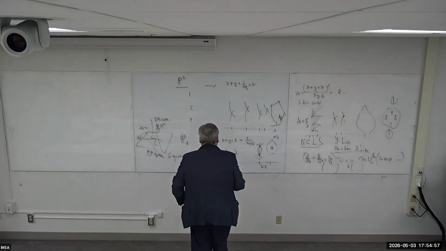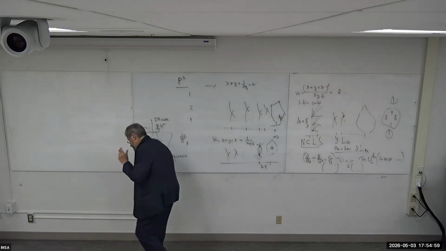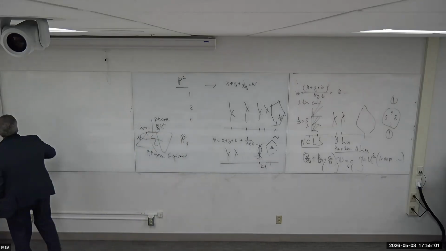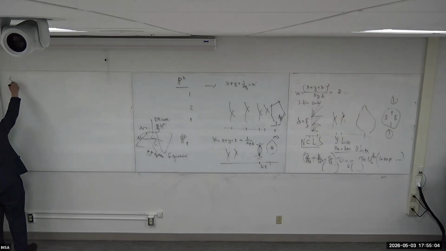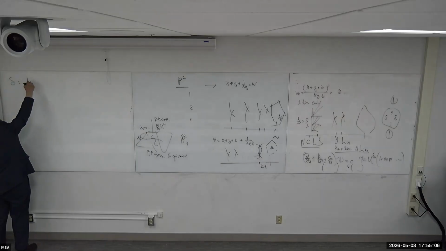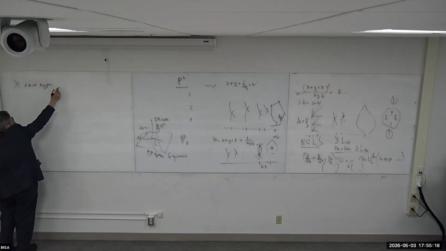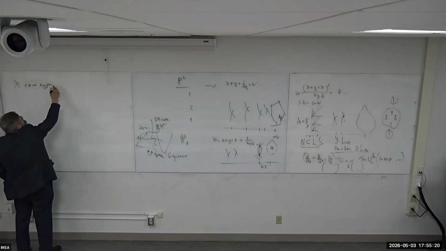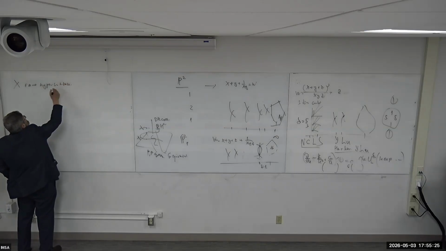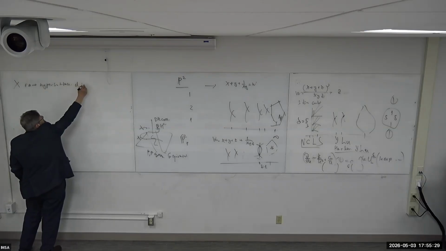Let me give you a formula for computing this delta for a Fano hypersurface. Let's say that X is a hypersurface of degree d in P^n. There is a much more general formula, but let me just mention the easiest.